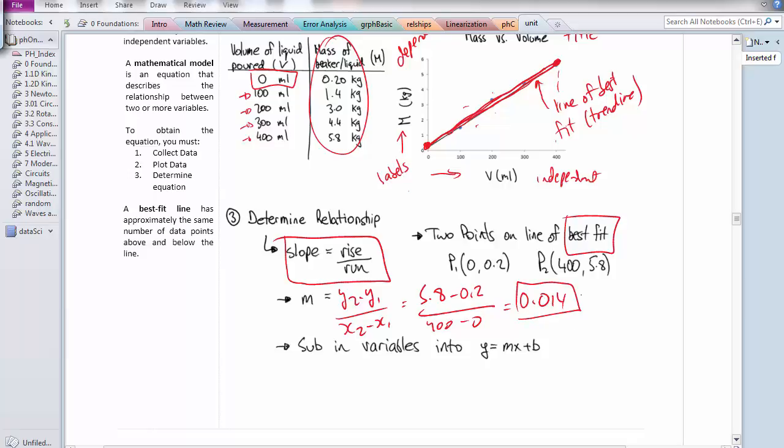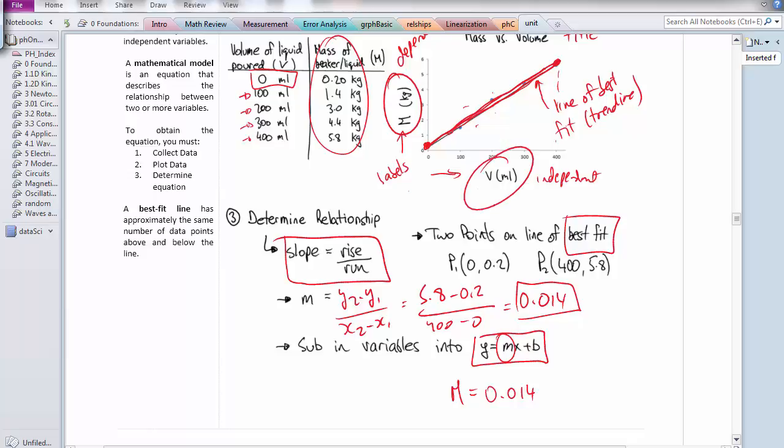We need to take these variables and sub it into the general equation for the line, which is y is equal to mx plus b. Now, of course, we're not using y's and x's anymore. We're using real variables, okay? So you have to sub in for the variables as well. So this equation would become, instead of y, we use m is equal to our slope value, which is 0.014.